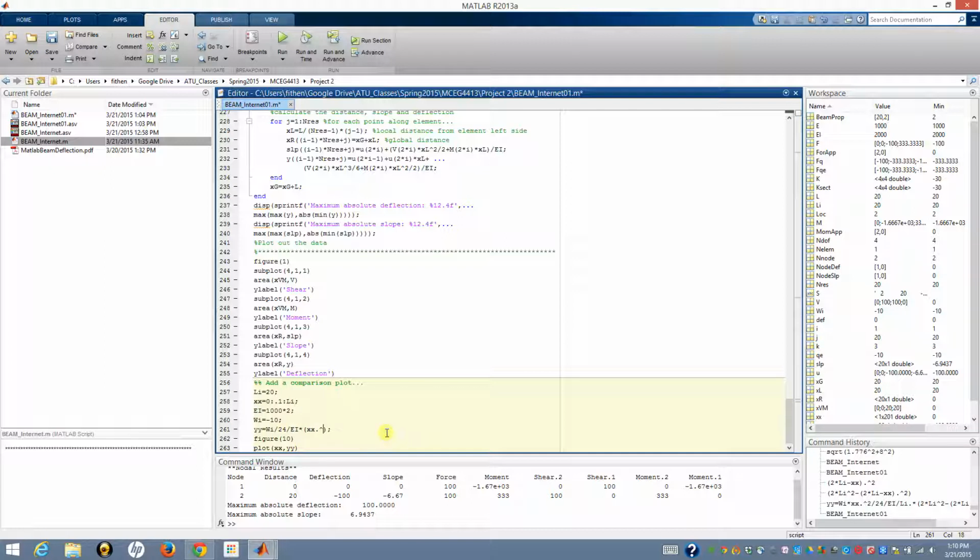XX to the fourth minus 4 times length of the beam to the third times XX here, plus 3 times LI to the fourth here.